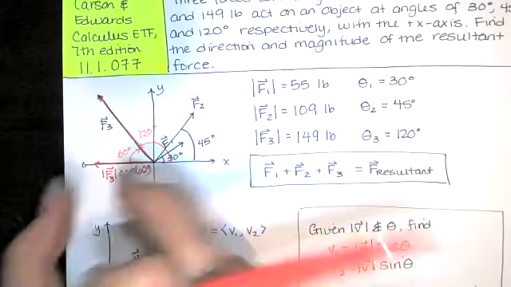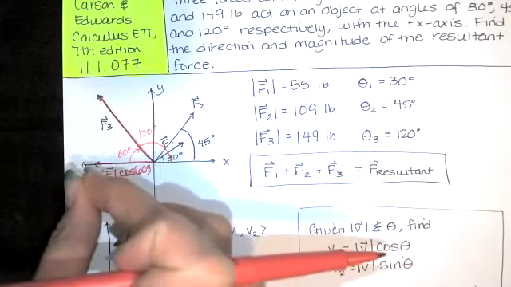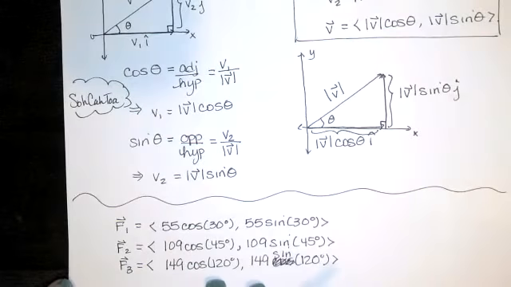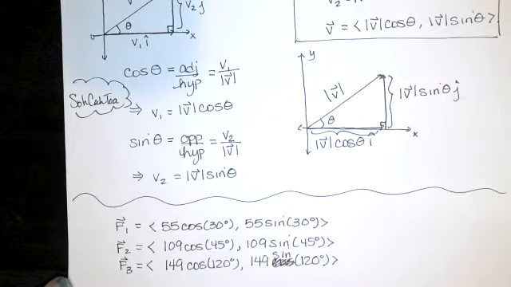That's what that length would be, but it would be pointed in the opposite direction, so we'd put a negative sign on that. So rather than writing 149 cosine of 120, we could write negative 149 cosine of 60, but negative cosine of 60 is the same as cosine of 120. So it's up to you.